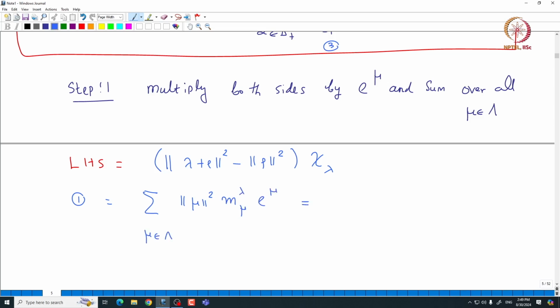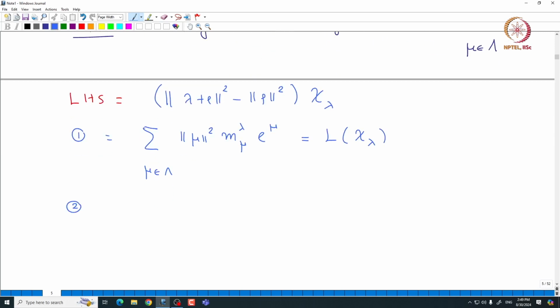If you think about it in terms of the Laplacian, this is nothing but the Laplacian of chi lambda. Now, what about 2? 2 is exactly equal to the summation of the inner product of mu with 2 rho times the multiplicity of mu in V lambda times e power mu, where mu is in capital Lambda.